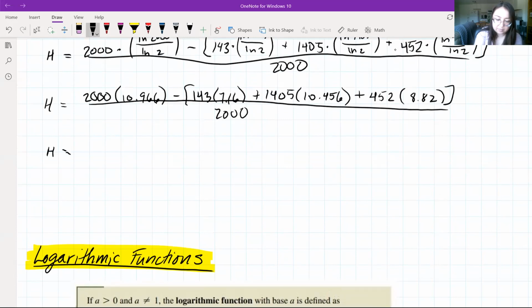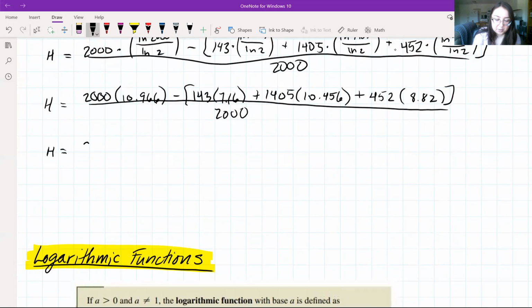And now we can multiply all of our terms together. I invite you to take a moment and multiply all of your terms together. So now we'll just be left with 4 terms to simplify in our numerator.